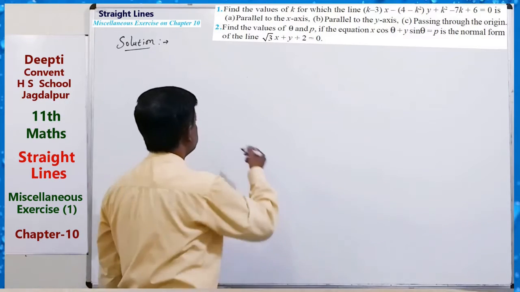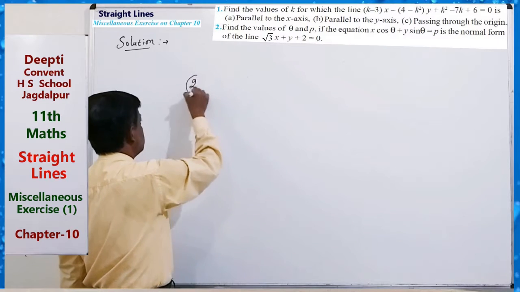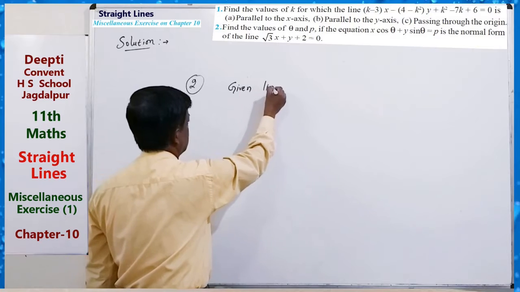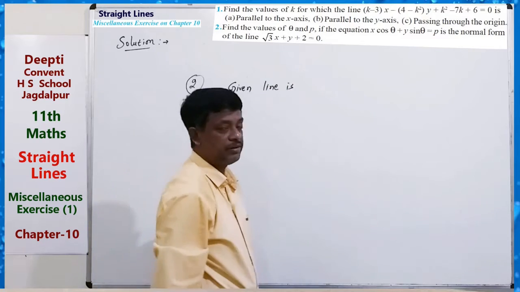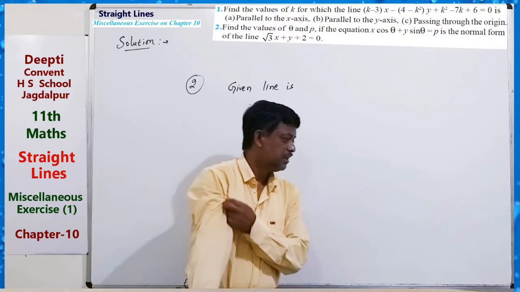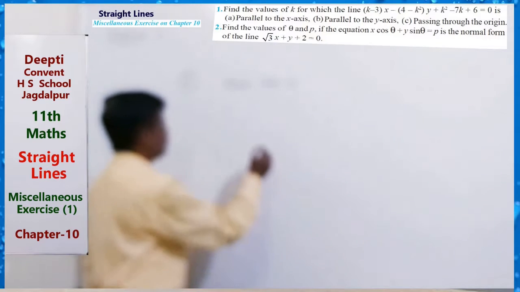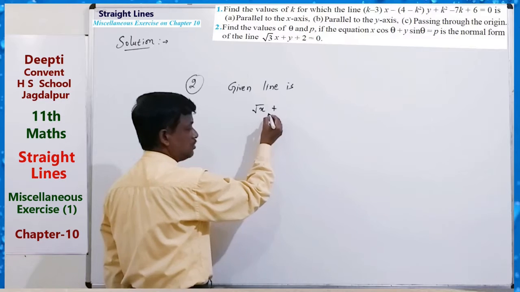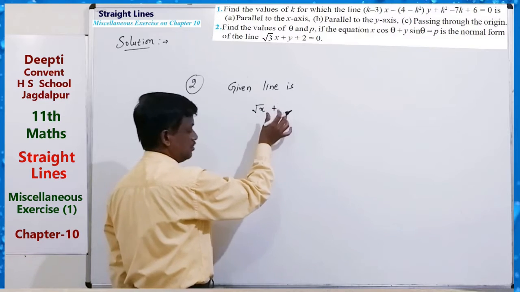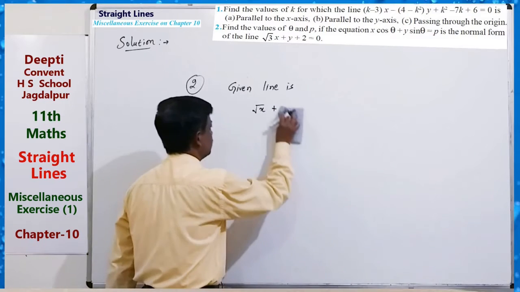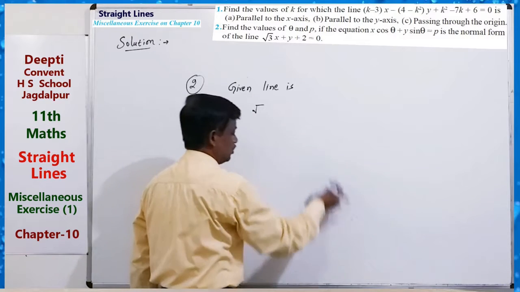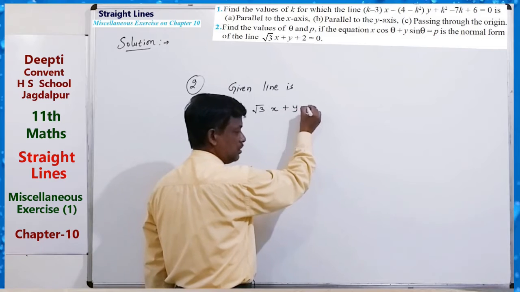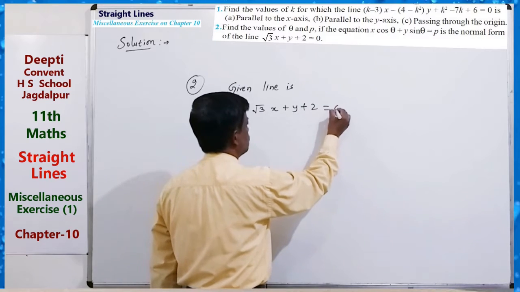Okay, so here question second, what is the given line? The given line is root 3 x plus y plus 2 equals to 0.